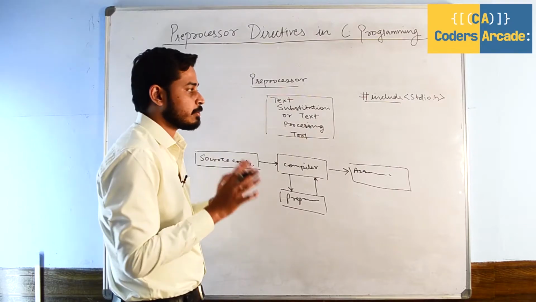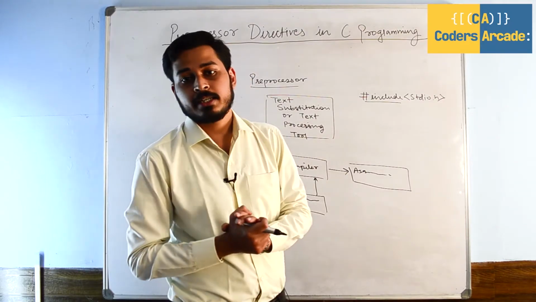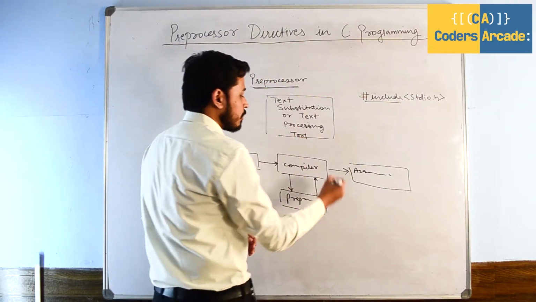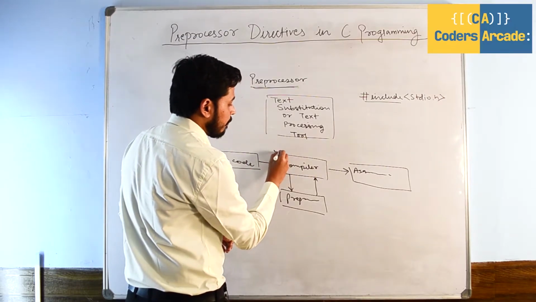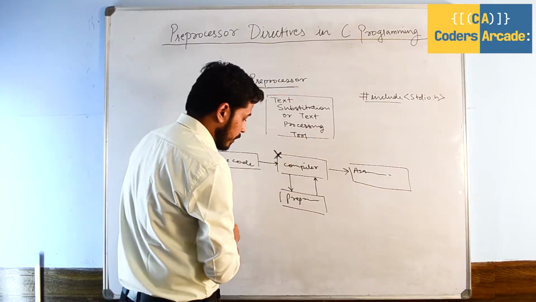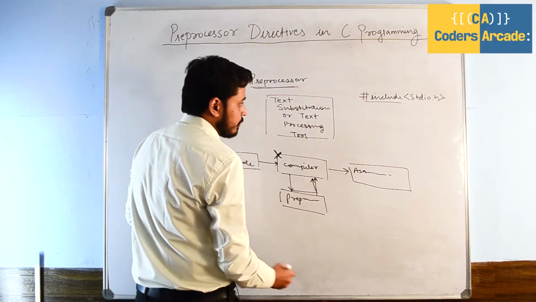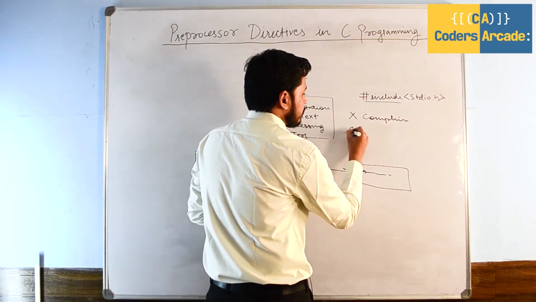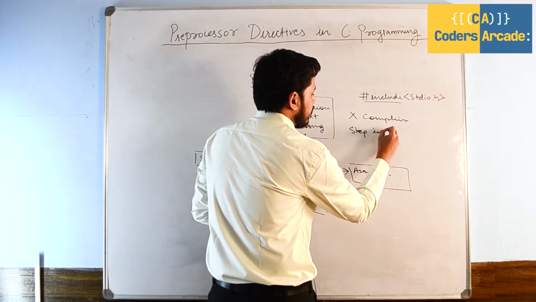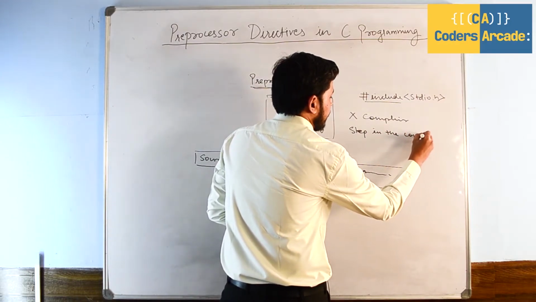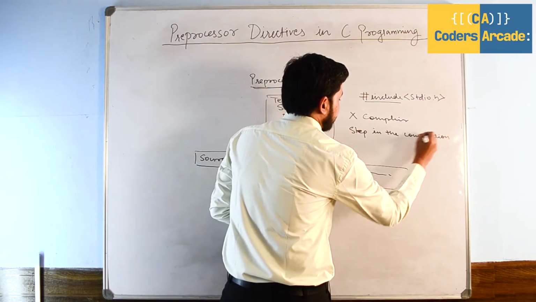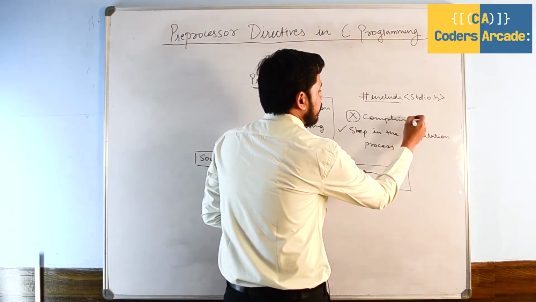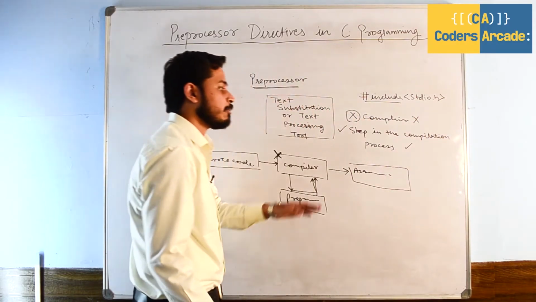Now the point that you need to remember in preprocessor directives in C is that a preprocessor is not part of the compiler, but it is a step in the compilation process.